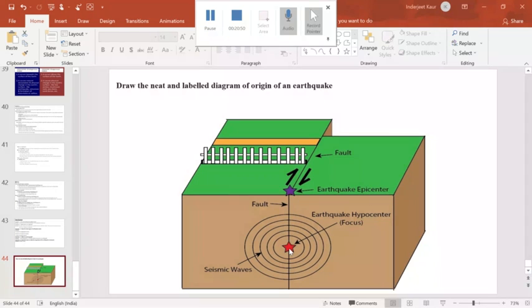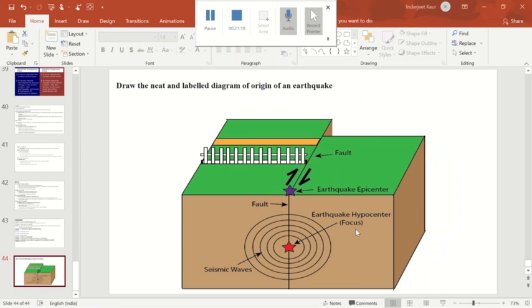Now you got it? This red star is somewhere within the surface of the earth, down in the layers of the surface, because those plates moved, and here the red star is showing from where the earthquake started.